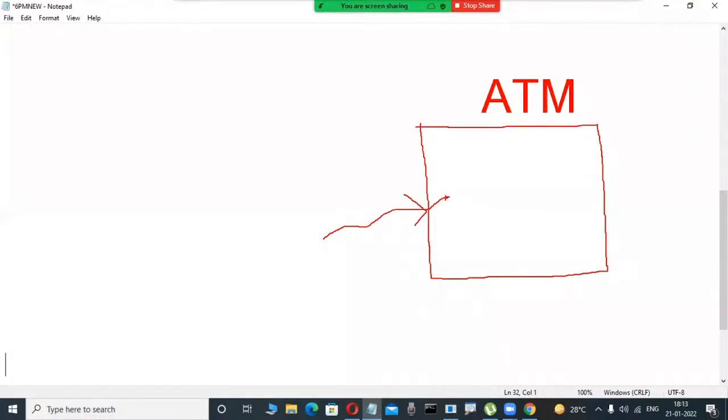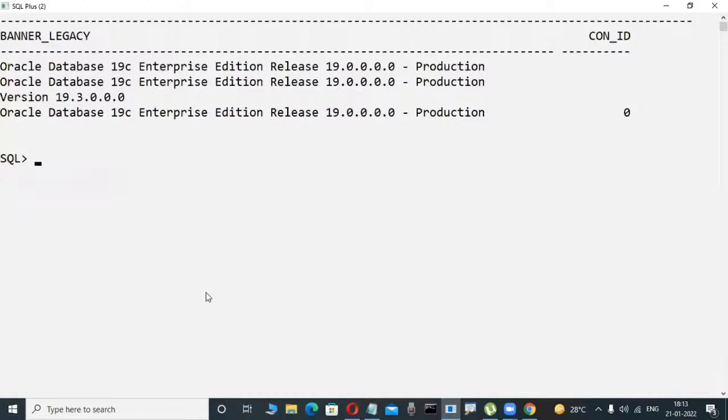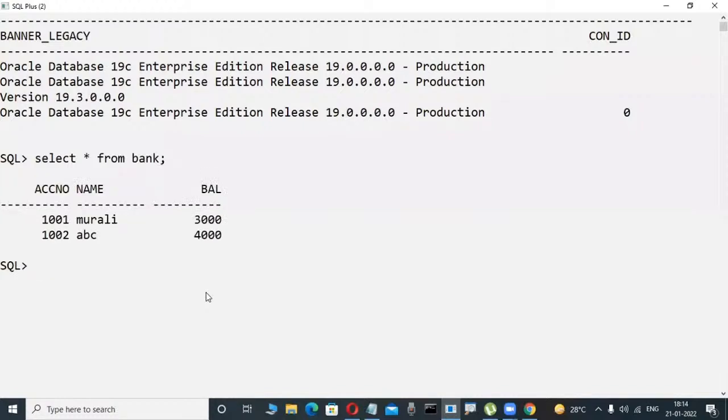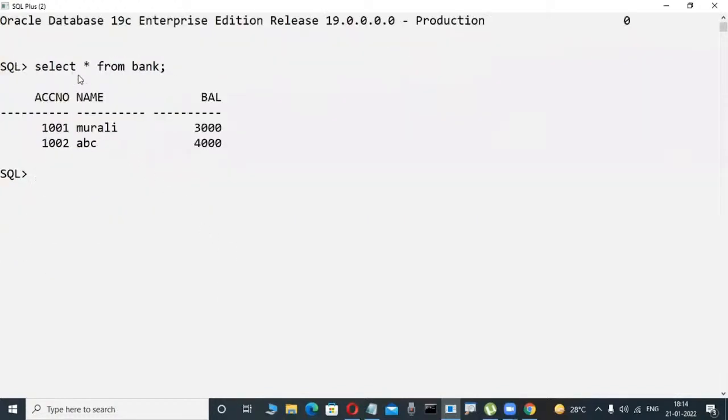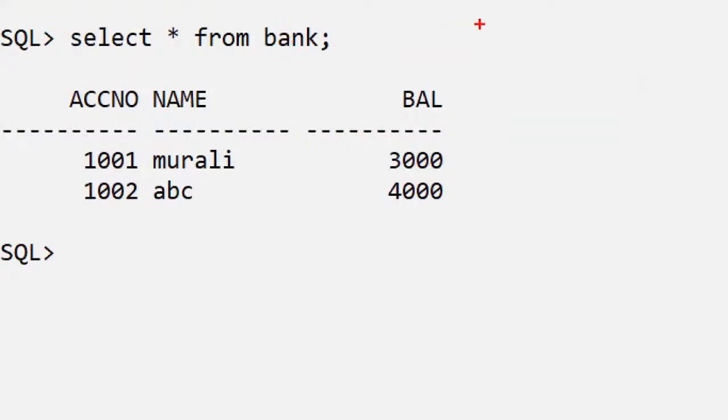Now check it out. Slowly observe here. Screen, observe it. Suppose in this database, a bank table is there, for example. Concentrate here. Just observe the scenario, it is a very easy way to understand. This is a bank table. In table format only, we store the data.